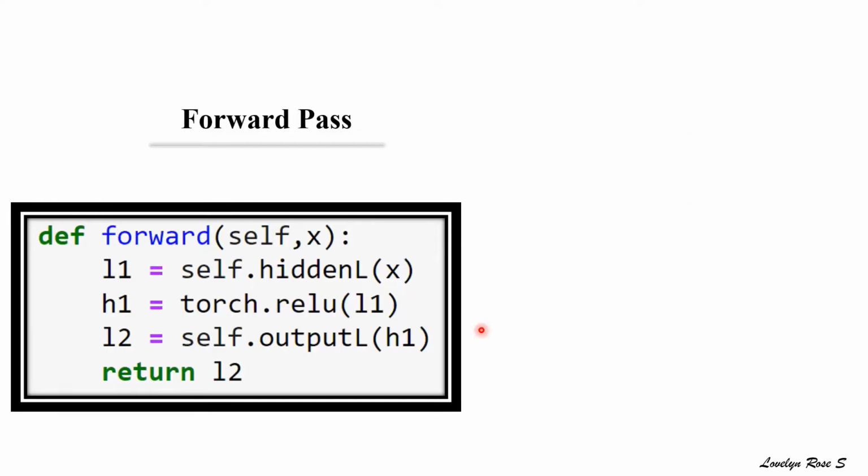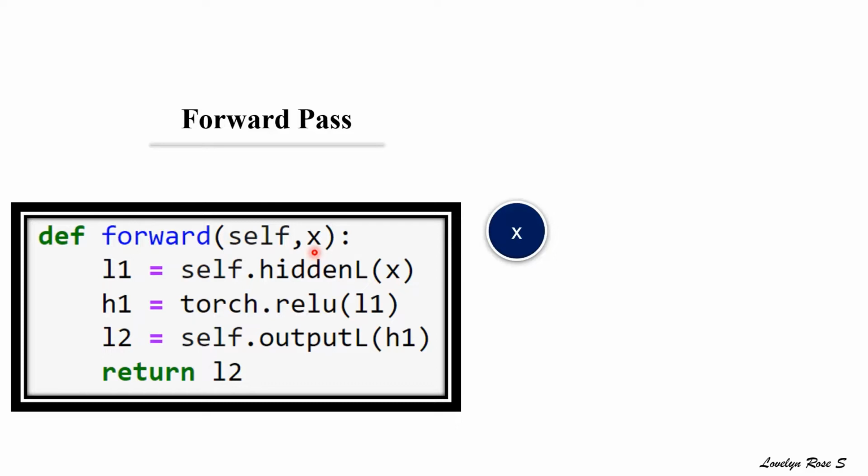Now let's see how the forward pass is done. Initially, I have to pass in forward the self object and the input, which is X. So when I pass X, from which layer to which layer it has to move is given only in the forward pass.